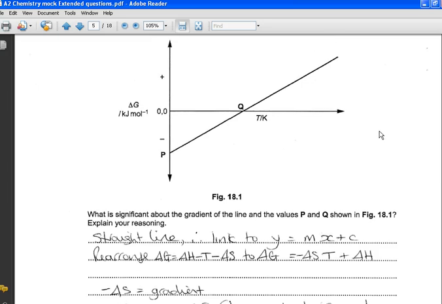So your starting point here really is this is a straight line graph, so you should be able to link it to your y equals mx plus c, straight line general term, and then rearrange the equation so that it fits this. Y is delta G, x is temperature, the gradient is minus delta S, and c is delta H.